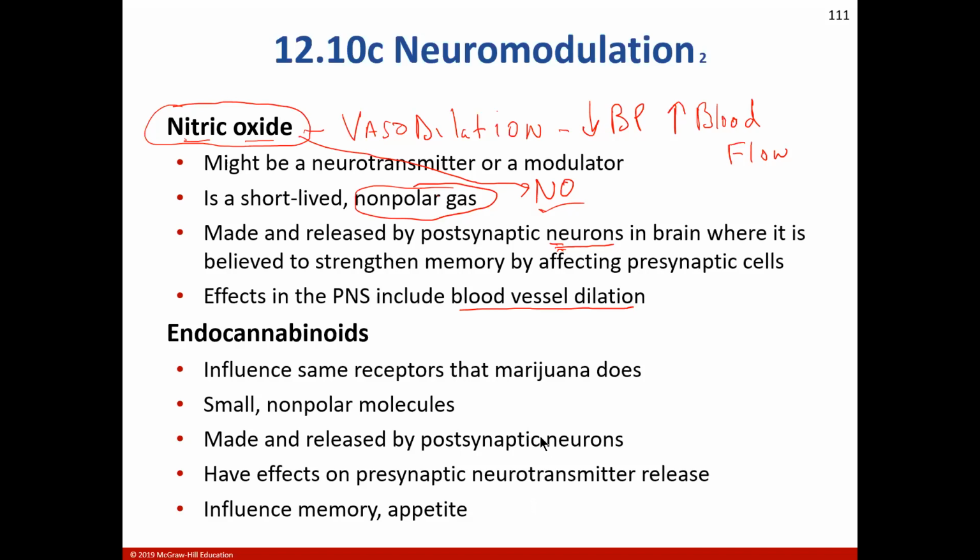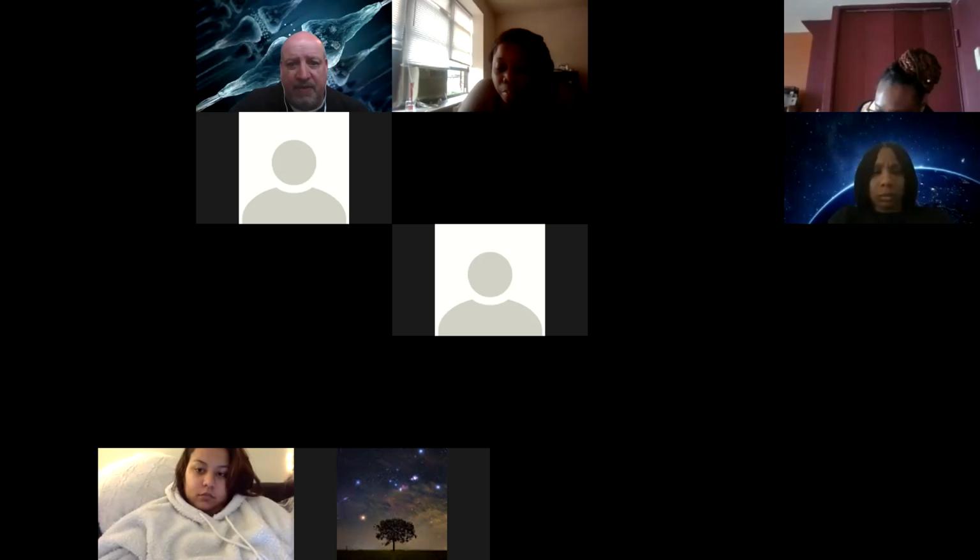So there's a lot of research as far as endocannabinoids being used. But I think it's pretty positive, as far as treating anxiety. I'm sure you all might know somebody who has a medical marijuana card, right, to enhance their neuromodulators of CBD, right? So it can help with anxiety. It helps with certain pain.